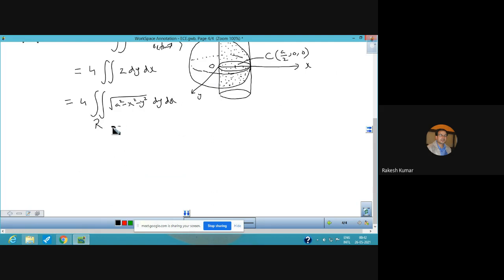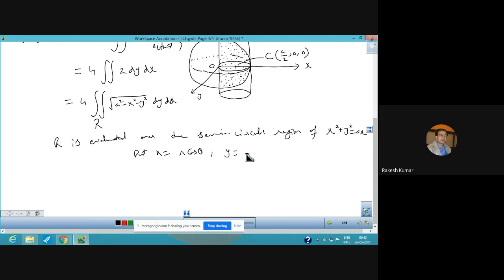So this is what we need to calculate, where R is evaluated over the semicircular region of the cylinder x square plus y square is equal to ax. We can use polar coordinates by reducing it into a simpler form.